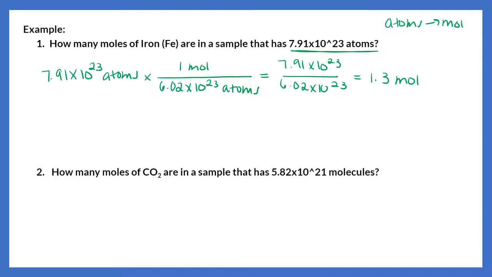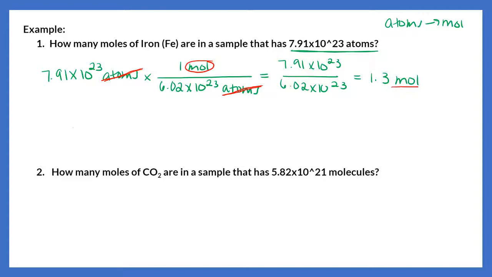And if you look at our equation, since the word atoms is on top here and it's on the bottom here, they cancel, leaving me with the mole. So I have 1.3 moles. So 7.91 times 10 to the 23rd atoms takes up 1.3 moles.